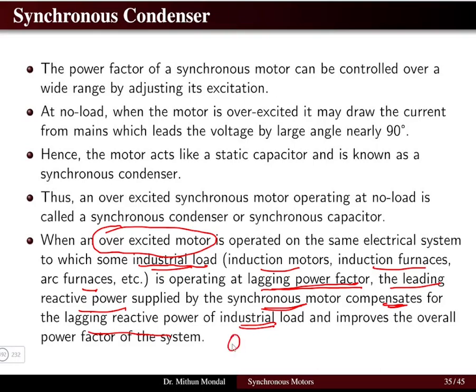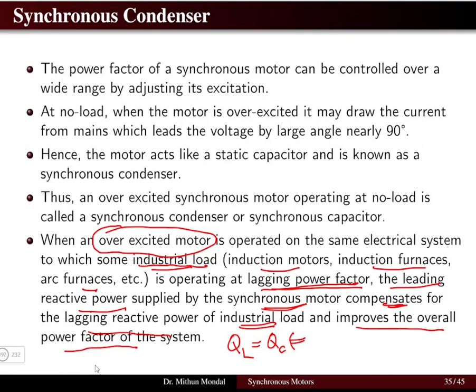So QL, which is due to the inductor present in the load and is lagging in nature, will be compensated by the capacitive action of the reactive power. So QL will be equal to QC, that is the reactive power of the inductor and capacitor will be equal.